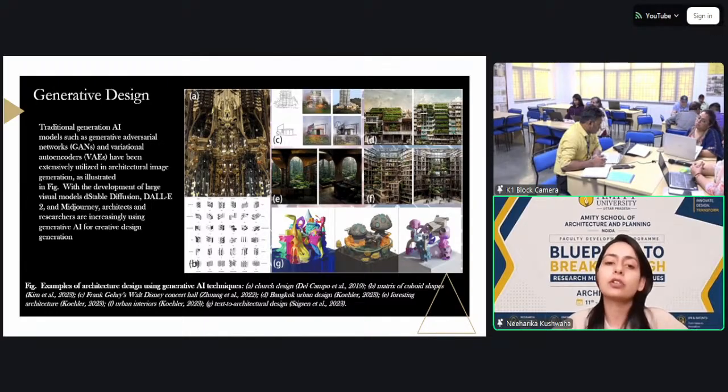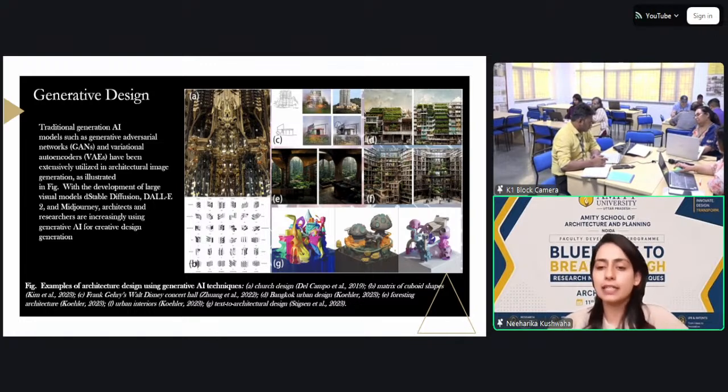We have started incorporating these things into architectural studios, giving the right prompts to the AI, working with Midjourney, DALL-E, Stable Diffusion, these different models. Students are able to generate so many options, and they can see which metrics change in their design and on what parameters.